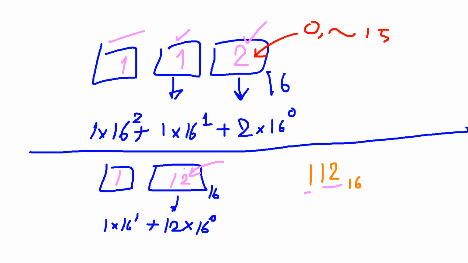So let me change the symbol for the number that have 2 digits. Namely, for 10, 11, 12, 13, 14, and 15, right? So let's use alphabet A, B, C, D, E, and F instead. Okay.